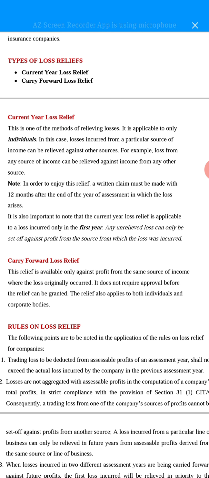Any unrelieved losses can only be set off against profits from the source from which the loss is incurred.